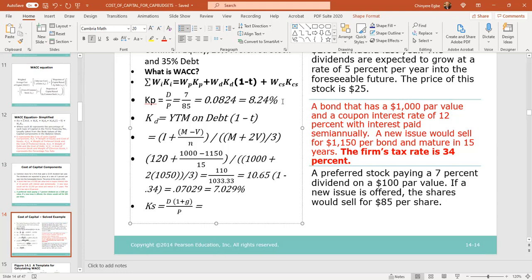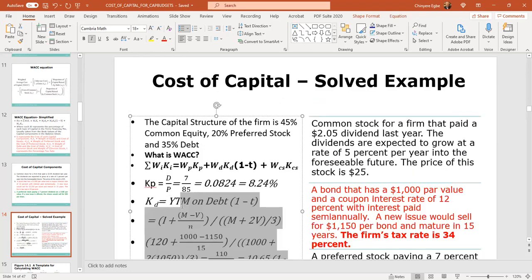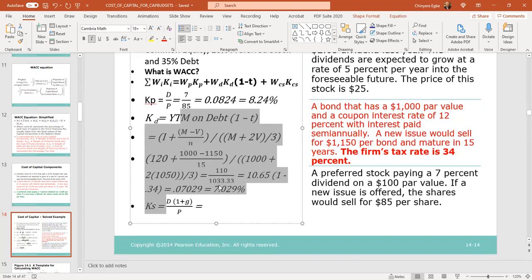Now, we have not done that yet. We're just calculating here the cost of capital. So you can see that we're going through a long process trying to solve this problem from scratch. And so let us see how we apply our method here.